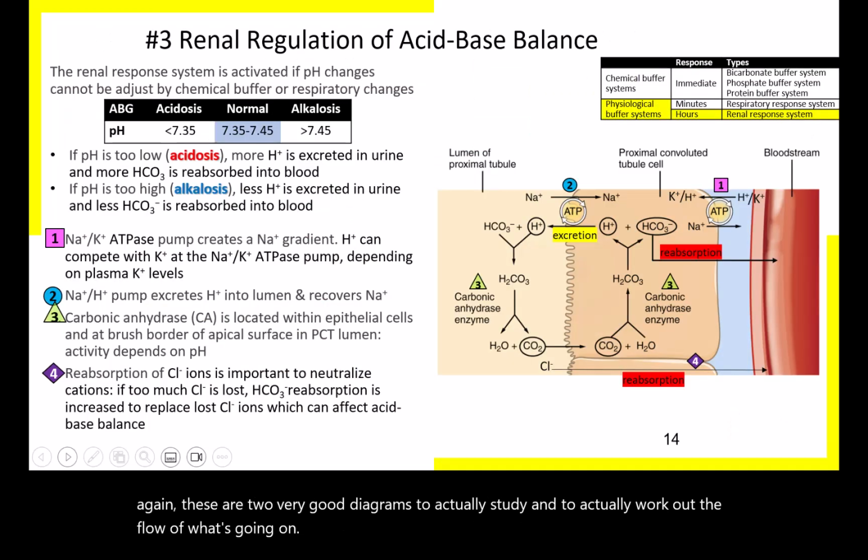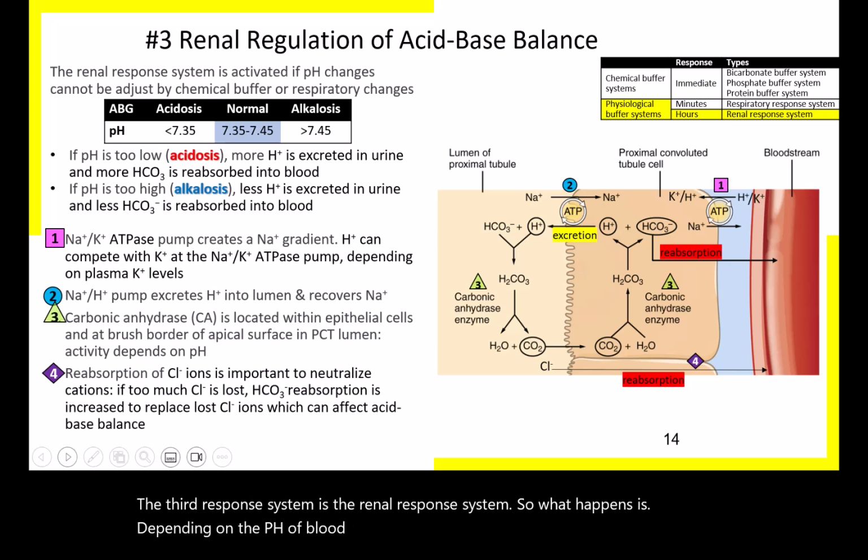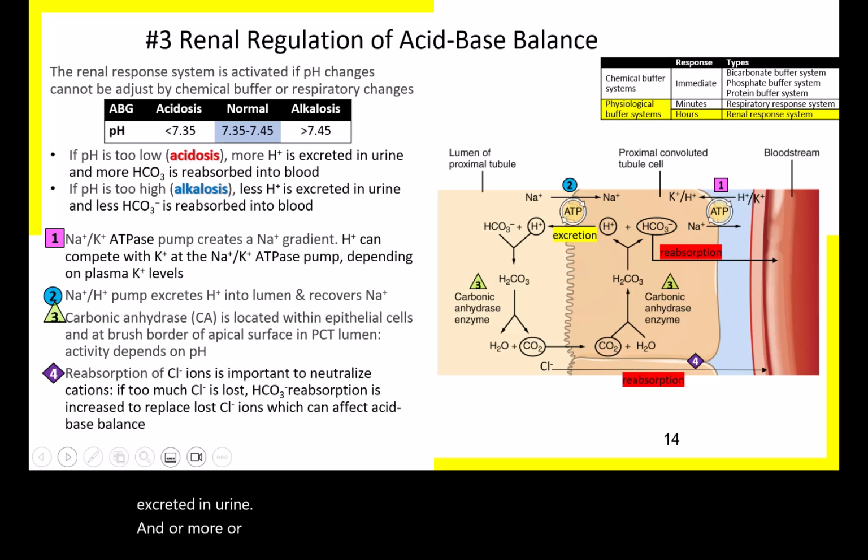The third response system is the renal response system. So what happens is, depending on the pH of blood, you can have either more or less protons being excreted in urine, or more or less bicarbonate ions being reabsorbed into blood.